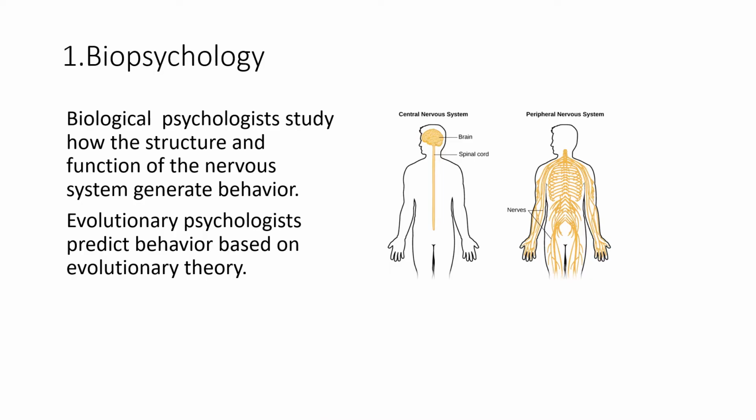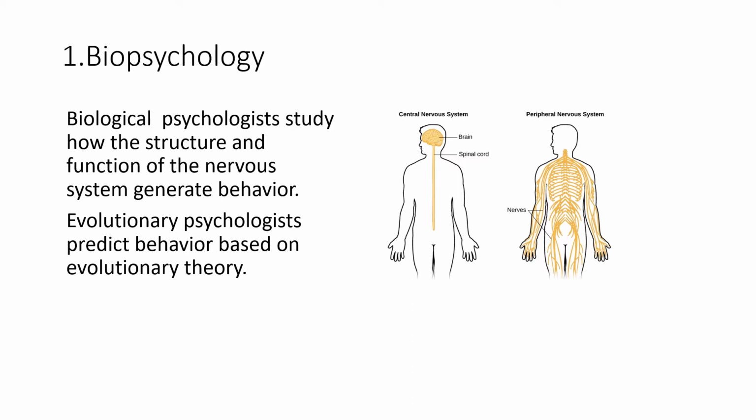So biopsychology is a very interesting area of study, and it really draws on many fields, so it's interdisciplinary. It's drawing on biology, on chemistry, and in the medical field as well.